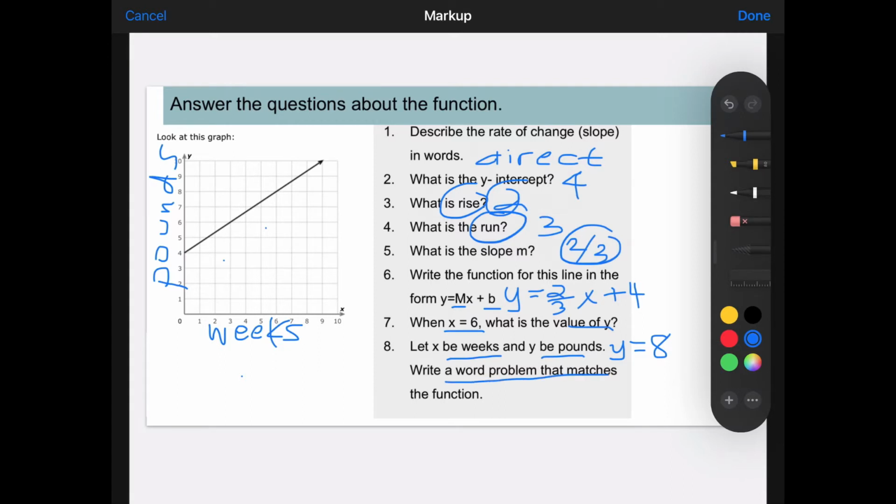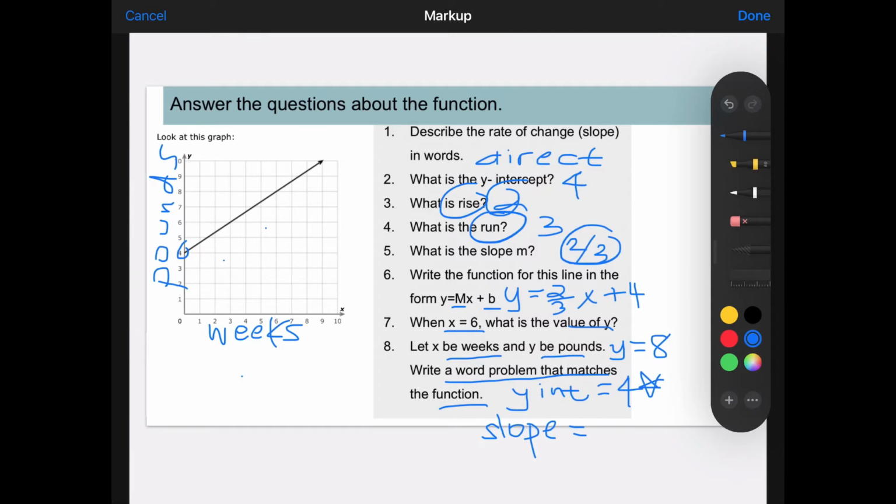Now, remember that our starting point is the y-intercept, and the y-intercept is 4. So that's 4 pounds. Whatever our word problem is starts at 4 pounds. Now, our word problem is going to change at a rate of rise 2 pounds to every 3 weeks, which is the run.